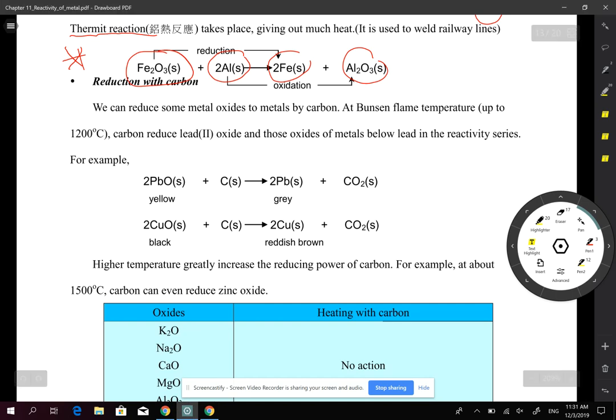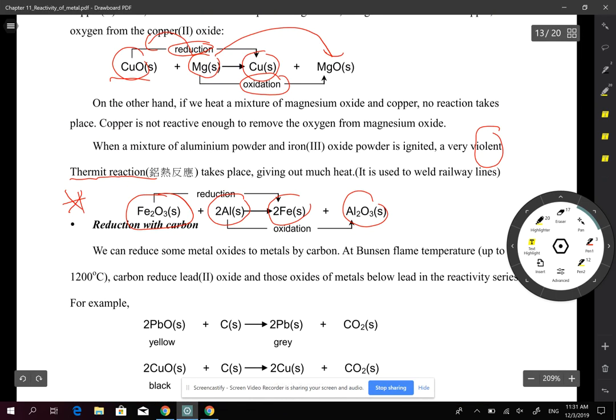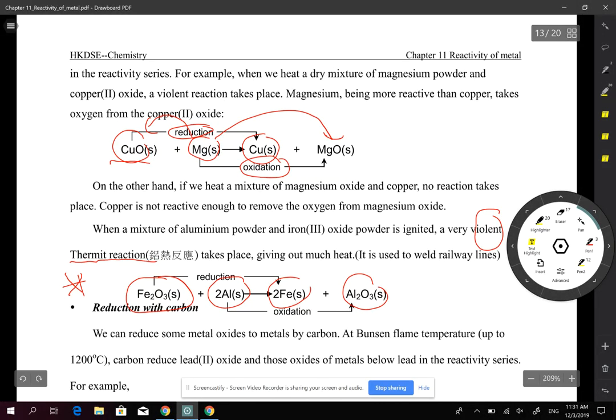Okay, last lesson we started talking about two terms, which are reduction and oxidation. Actually, reactions related to reduction and oxidation will be further explained in Form 5.